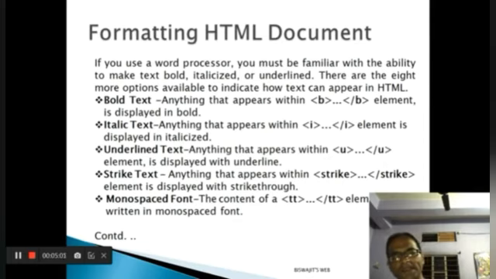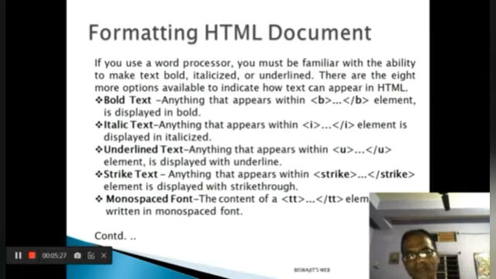Next, formatting HTML documents. As we all know, we can format a Word document. Hope all of you have done MS Word. That's why you are coming for HTML. If you want to make a text bold, you have to write it within the B and /B tags.